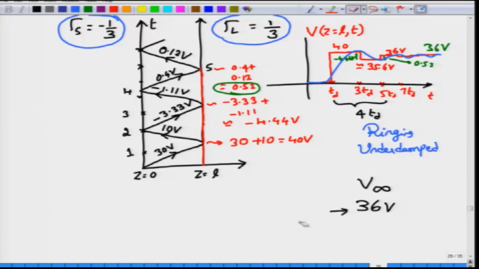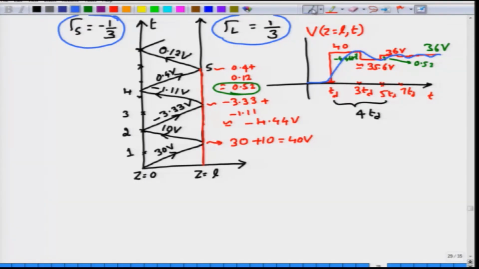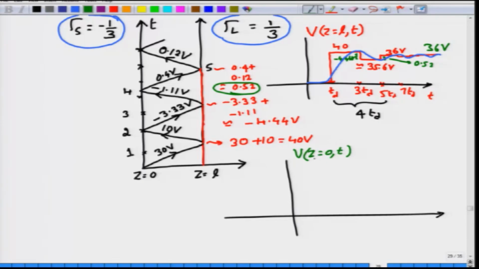Okay. All right. Now, we are not satisfied with the voltages that are drawn at the load. We also want to know how the voltage would look at the source terminals itself, that is, at the input terminals of the transmission line. So, imagine that I am now going to put an oscilloscope right at z equal to 0, and I want to know how this voltage V at the source would vary as a function of time.